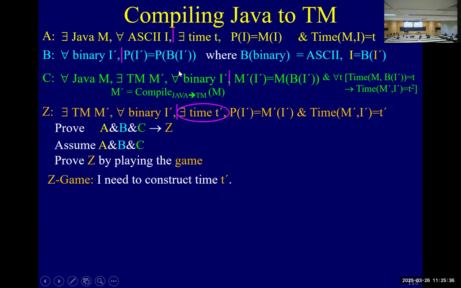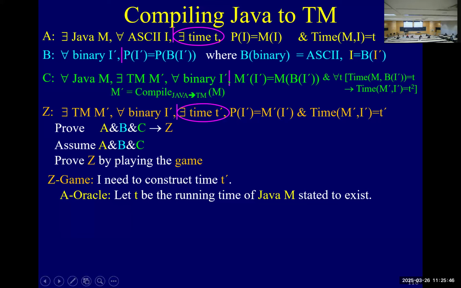And then how do I construct the time here? Well, I gave this guy an ASCII, and she gave me the running time. How do I go from A's running time to my running time? Remember, I square it. My running time is the square.